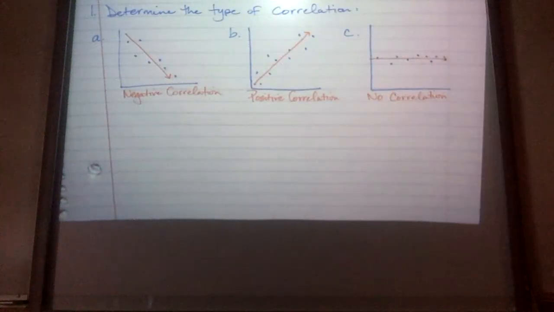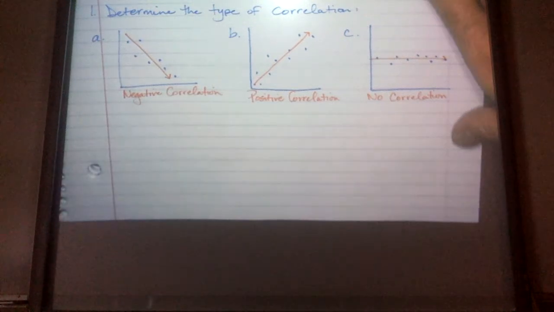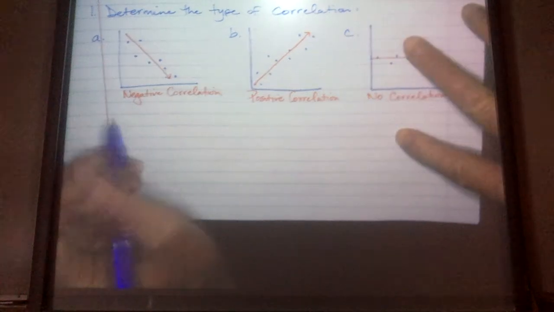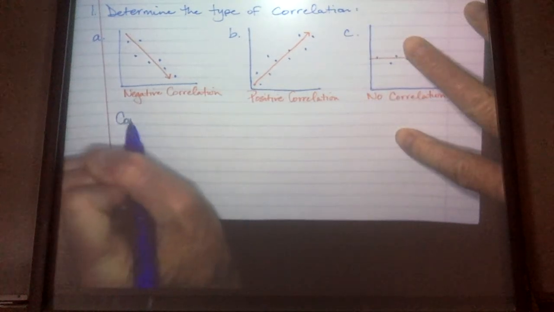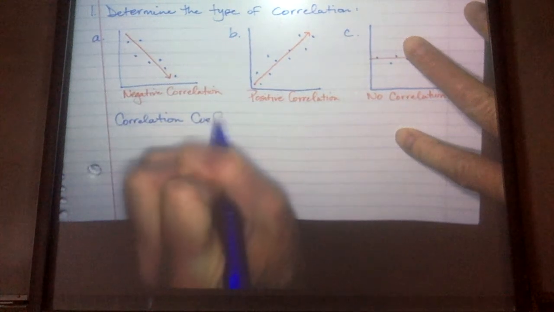And the last thing we need to cover is that there is going to be a letter that represents correlation, and we're going to be able to determine that in our calculator. I want to make sure I wrote it the same as the book did. I think I wrote, there's the correlation coefficient.